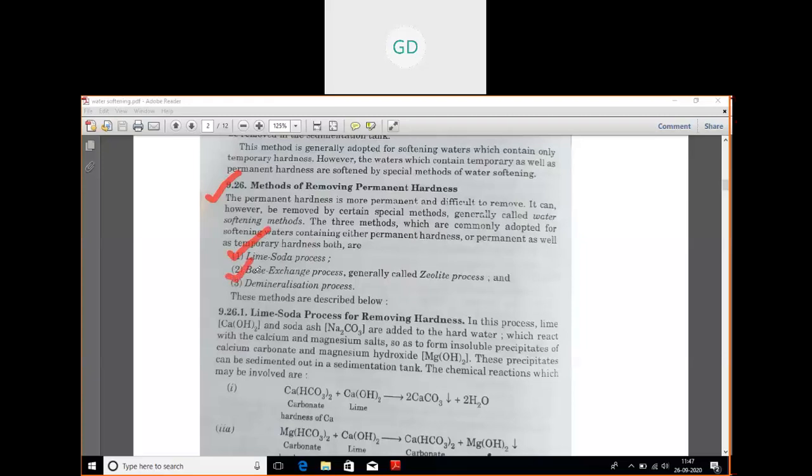Number two is the base exchange process, which is also known as the zeolite process. And number three is the demineralization process. By these three processes, you can remove your permanent hardness.